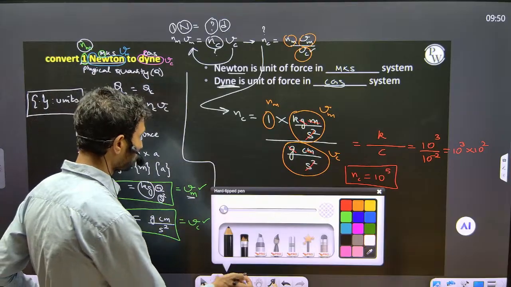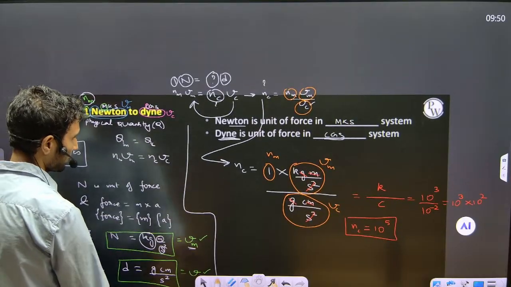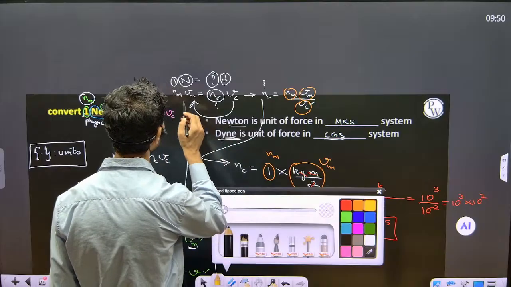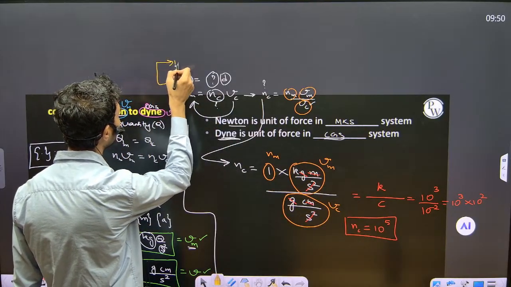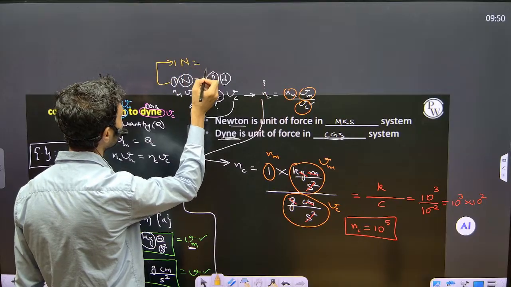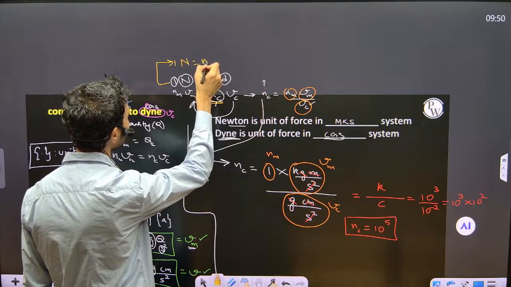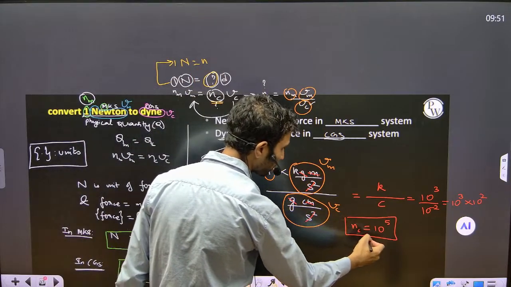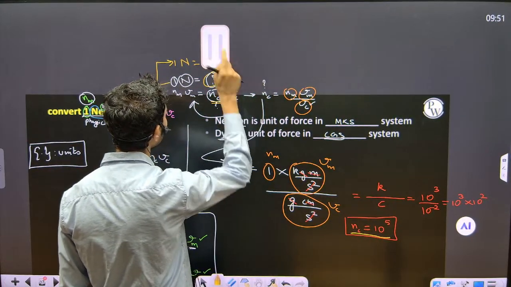So from the very first equation we have here, we get that 1 Newton is equal to this, which is the number written in CGS, and we found out how much it is to be: 10 to the power 5.